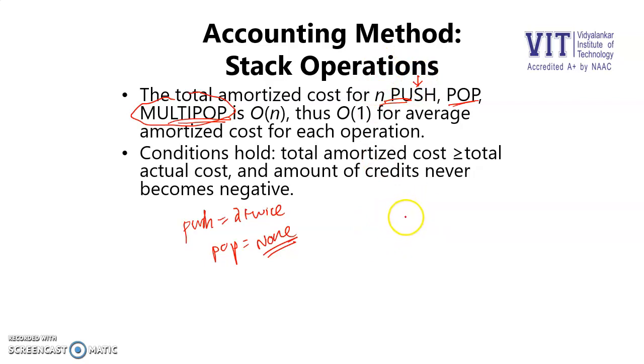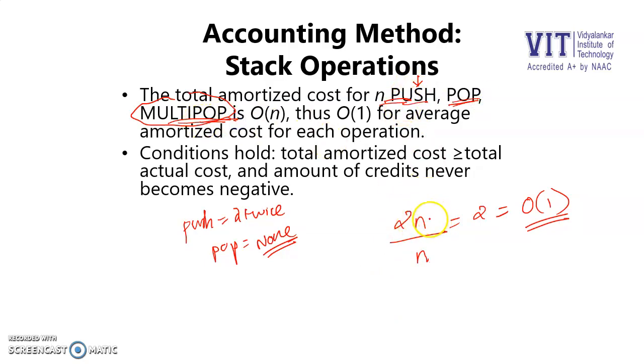If I'm trying to average it out, we will have 2n for n pushes, and we will divide it by n number of operations. So it is 2, meaning constant time, so we can say big O of 1. Try to understand, we are going to perform n push, pop, and multi-pop.